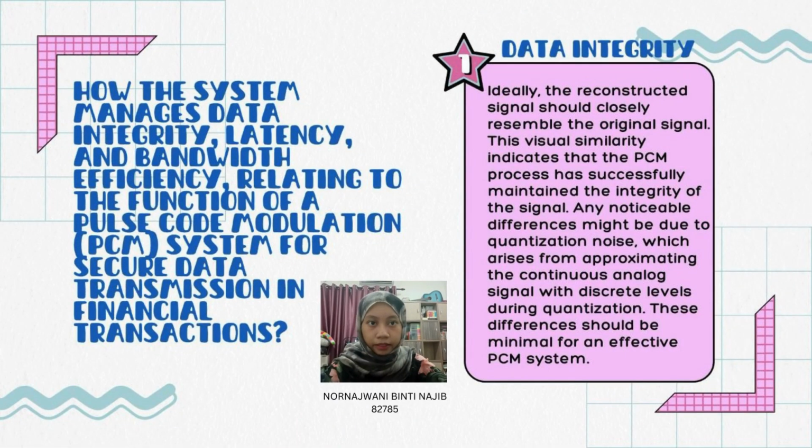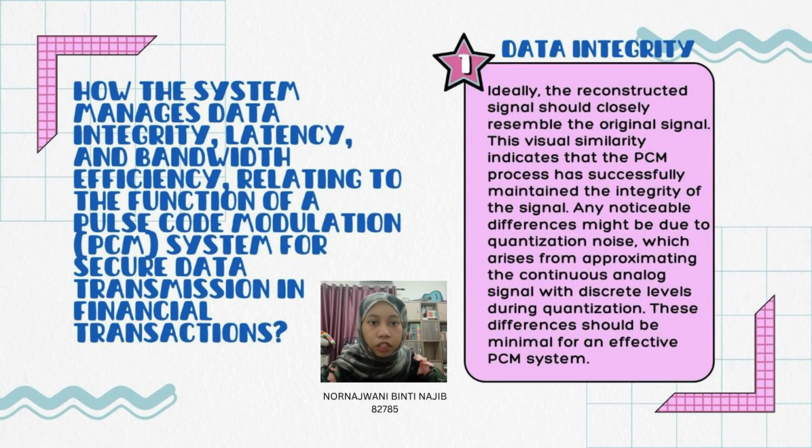The system effectively handles data integrity, latency, and bandwidth efficiency, much like a pulse code modulation (PCM) system designed for secure data transmission in financial transactions. A key goal is ensuring that the reconstructed signal closely resembles the original one, indicating the PCM process's success in maintaining signal integrity. Any noticeable differences may result from quantization noise arising when approximating the continuous analog signal with discrete levels during quantization.